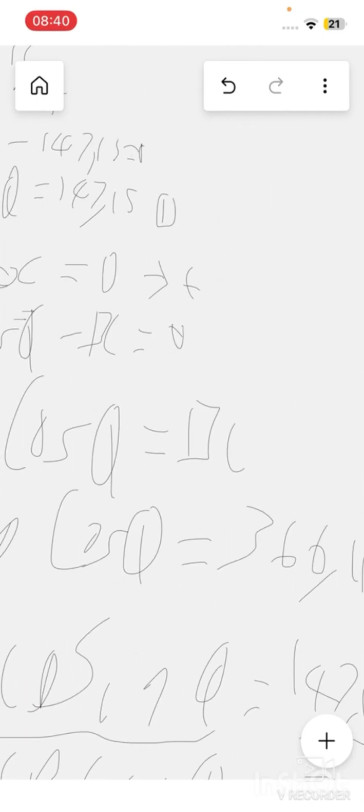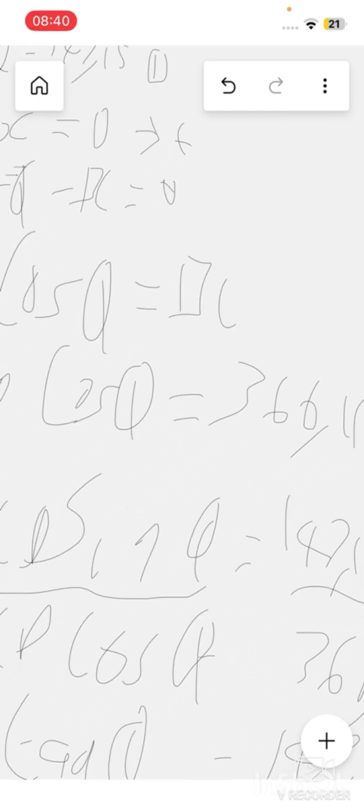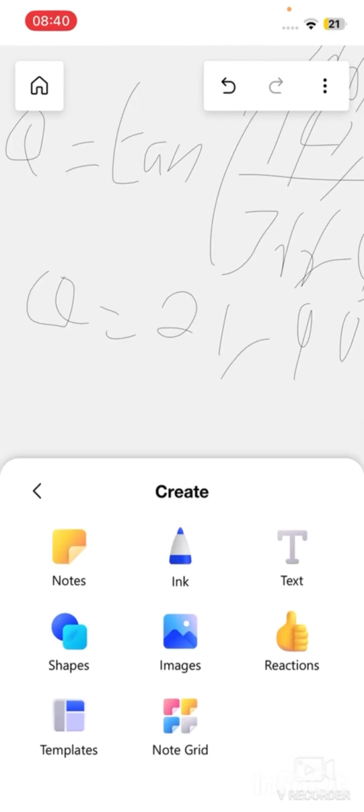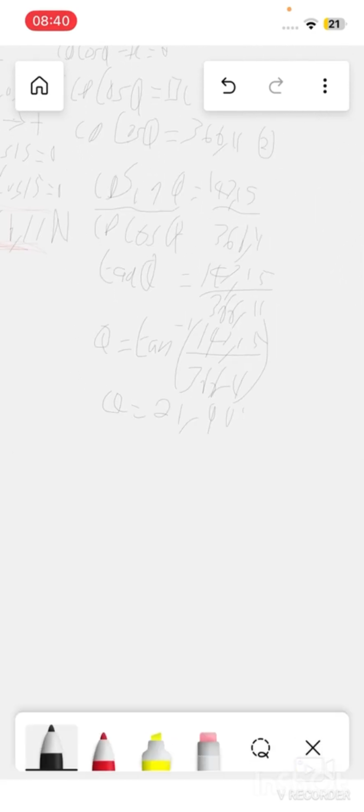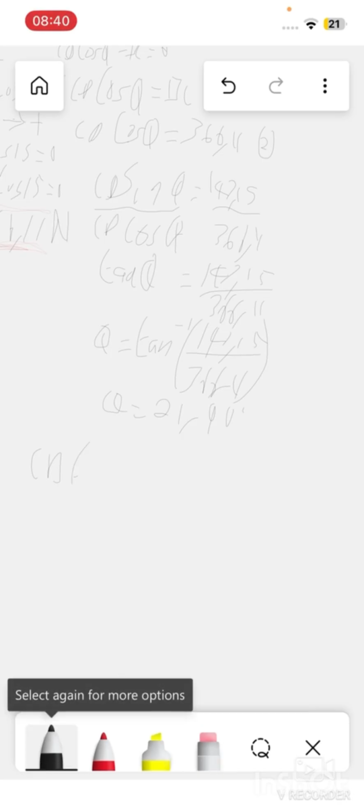Where is equation 2? This is equation 1. This is equation 2. Equation 2 says, okay, I see it. We said equation 2, not equation 1, though even equation 1 is going to give us the same answer.